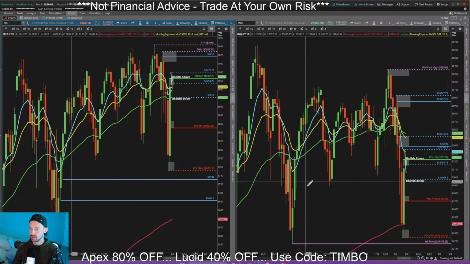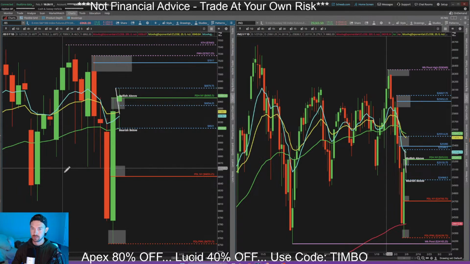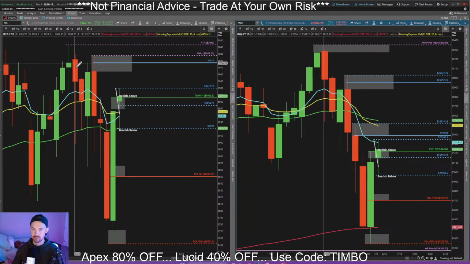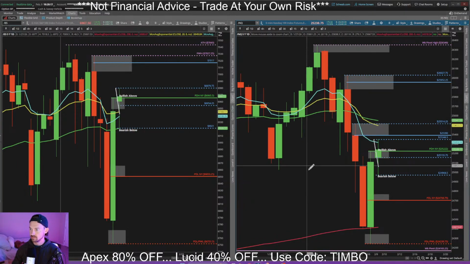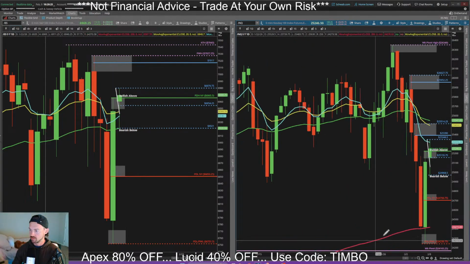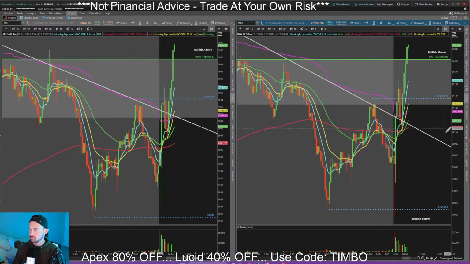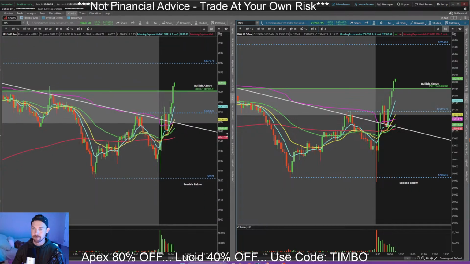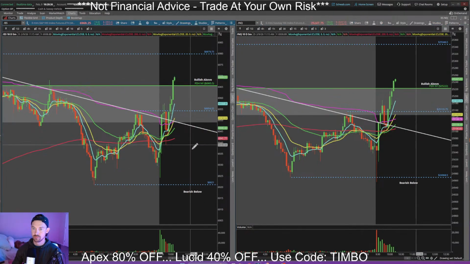If you look at these daily candles, just a massive push back up Friday after the big drop. Pretty good reaction from the buyers back up here, right off that 200 EMA on NQ. So pretty good push here.